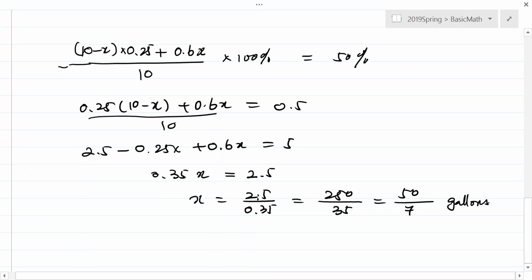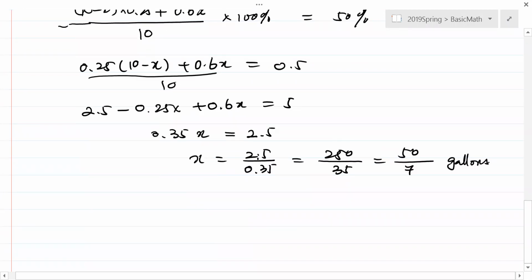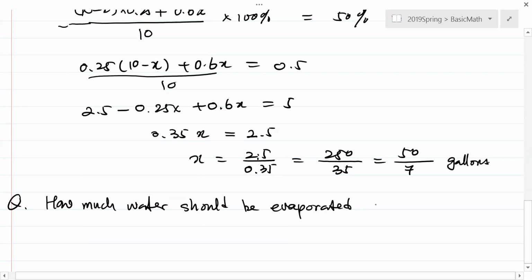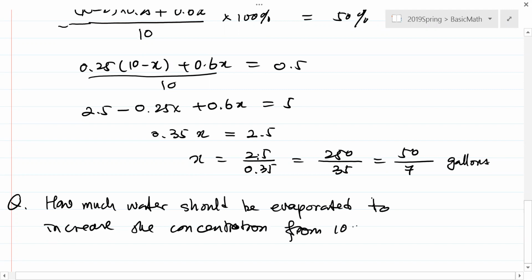Yeah, but there are other types of problems. So, how much water should be evaporated to increase the concentration from 10% to 50%?